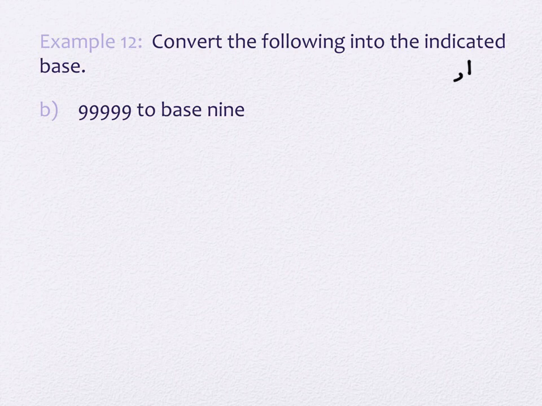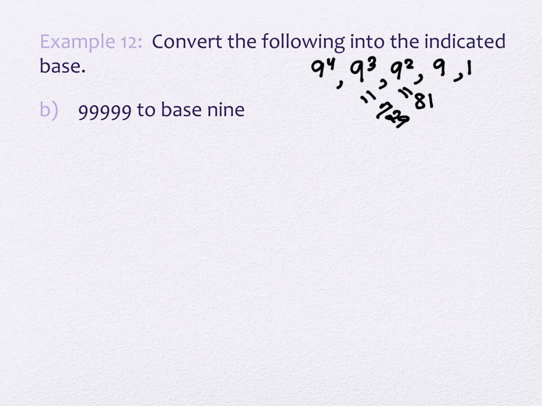So I've got the 1s place, the 9s place, and then 9 squared I know is 81. What is 9 cubed? 729. Okay. And then what is 9 to the 4th?